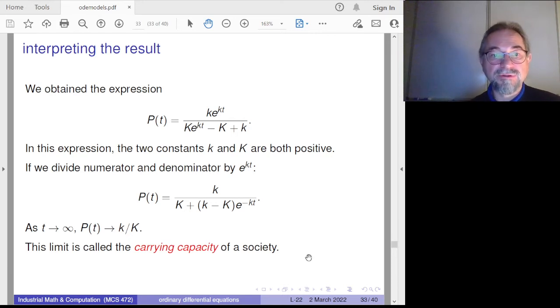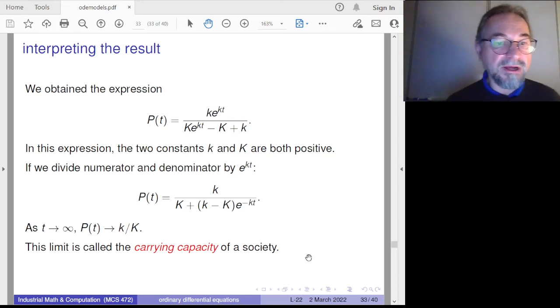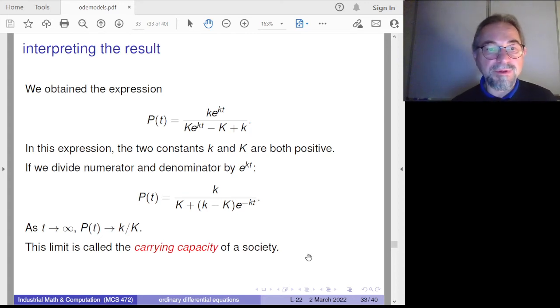So in some sense you could say you have one constant left. You could simplify the little k over the big K as the carrying capacity. So that will be the limit.